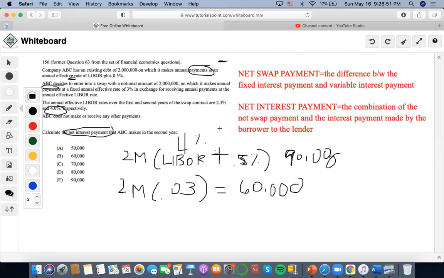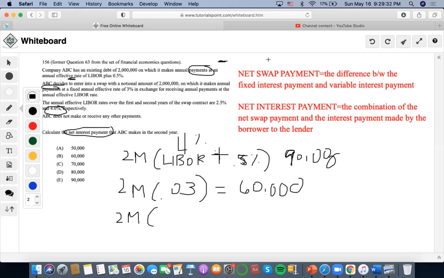Now on top of that, besides taking the notional amount and multiplying by the fixed rate, or R, or swap rate, whatever you call it, we also have to take the notional amount and multiply it by the floating rate. A floating rate deals with a variable interest rate, so floating, variable, or LIBOR.